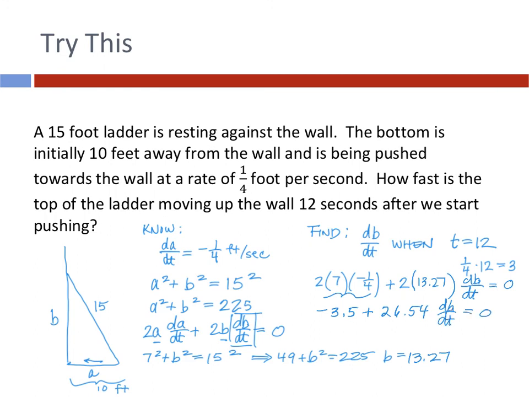I'm going to add 3.5 to both sides, so I get 26.54 dB over dt equals 3.5. Then I'm going to divide both sides by 26.54 to find out what dB over dt is. And I get dB over dt equals 0.132. And again, this is feet per second. So it's moving up the wall at about 1/10 of a foot per second, a little over that. So 0.132 feet per second.